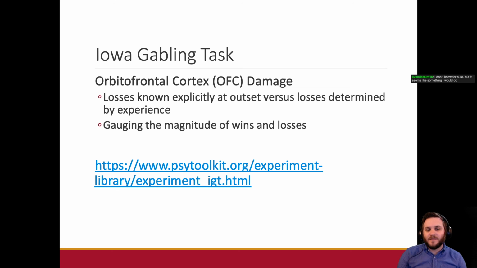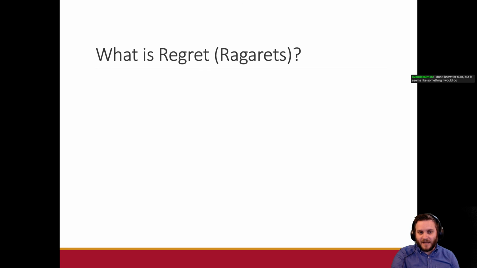They cannot determine the pattern because they are struggling to determine what's good about winning and what's bad about losing, okay? And so they have the inability to deal with that. And so the gambling task has been used to determine whether or not somebody who has symptoms associated with OFC damage actually does have OFC damage, which is great.